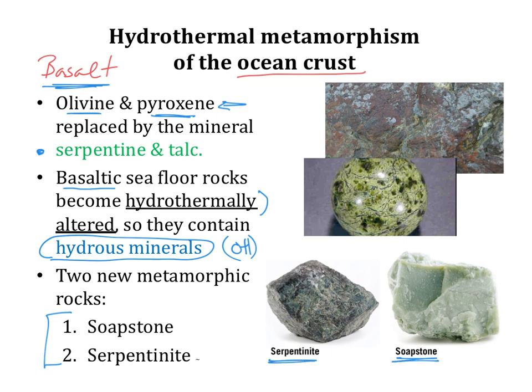Soapstone contains a lot of talc, and serpentinite, as you might guess from the name, contains a lot of the mineral serpentine. These pictures up here up top are just showing some of that veining, because remember, anytime you get rocks that are hydrothermally metamorphosed, it creates these veins in them. So they're often cut and polished and used as facing stones because of the interesting veins that are in them.